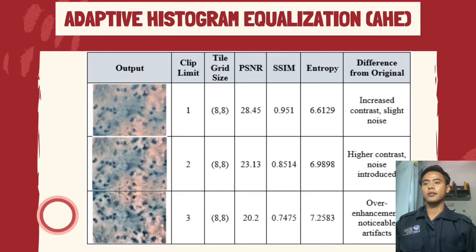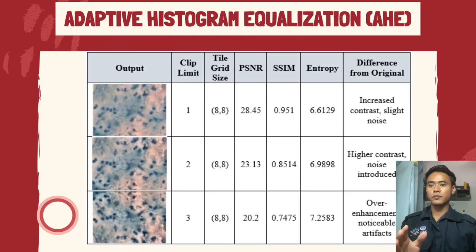Firstly, this is adaptive histogram equalization. Here we can see the 3 outputs, with very minimal differences. The parameter that I changed is the clip limit, which I set to 1, 2 and 3.